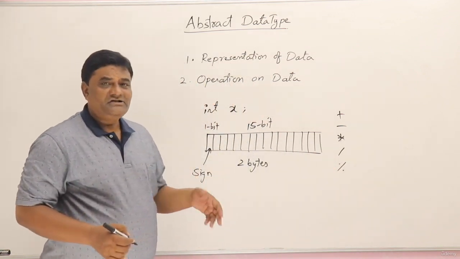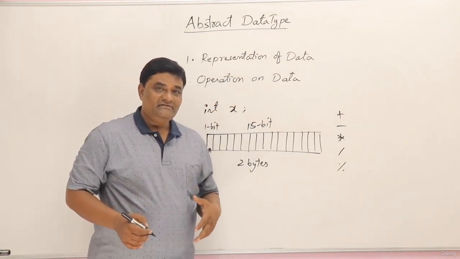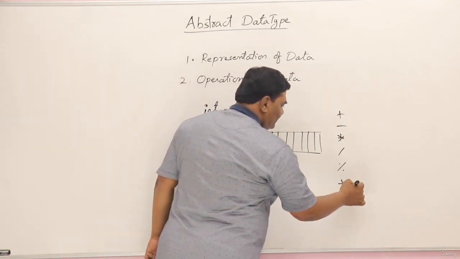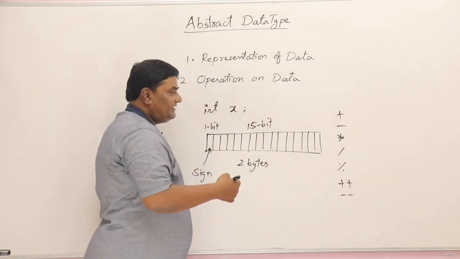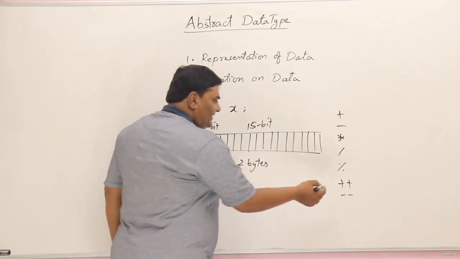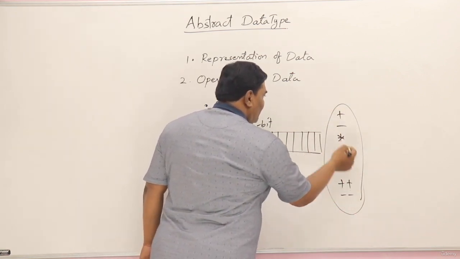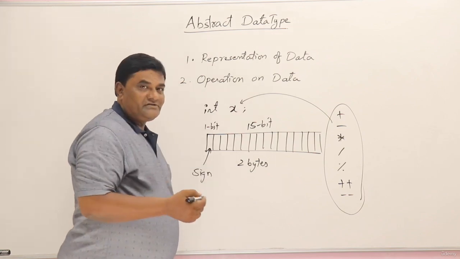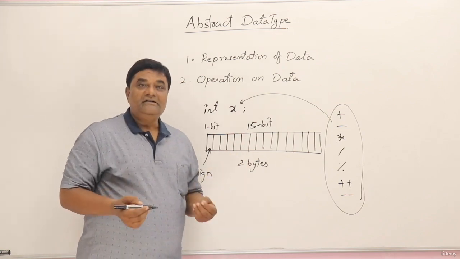Apart from this, relational operations, that is less than, greater than, and increment and decrement operators are allowed, that is plus plus or minus minus, both pre-increment and post-increment. So these are some of the operations that are allowed on integer data. So that's all. This is a data type.